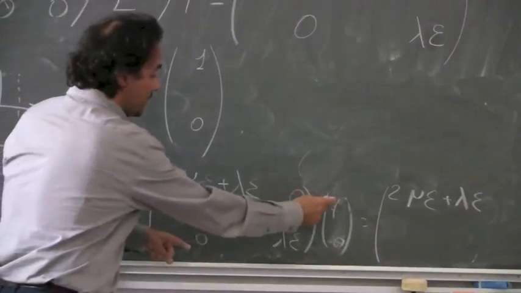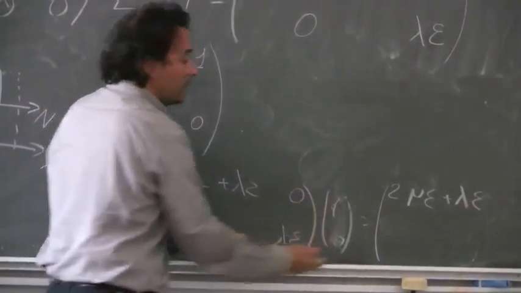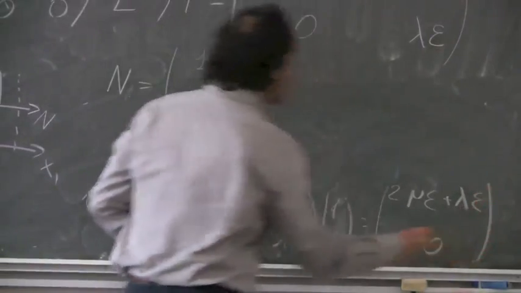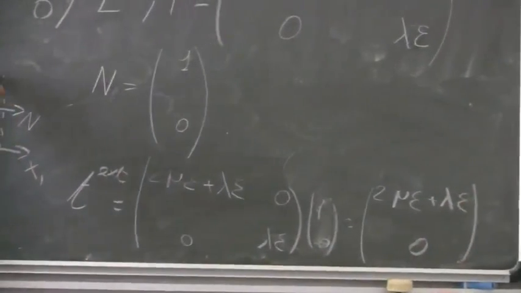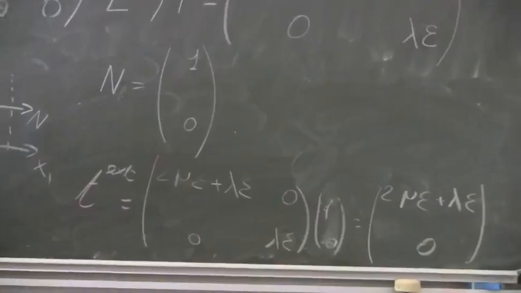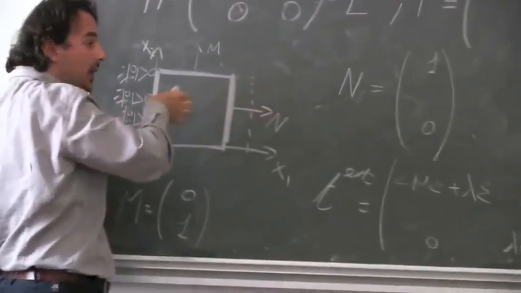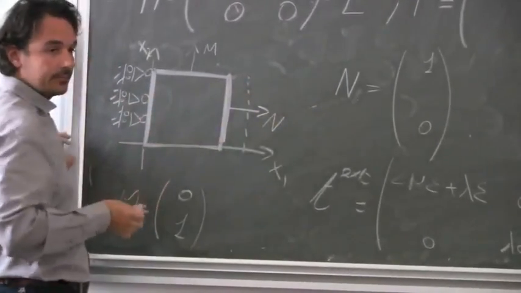Second component I have 0 plus 0. So it is true that in this border I have only a force in this direction.